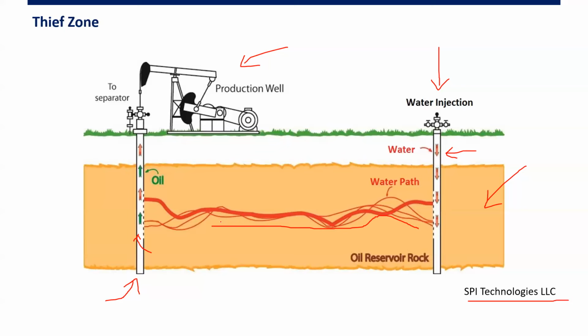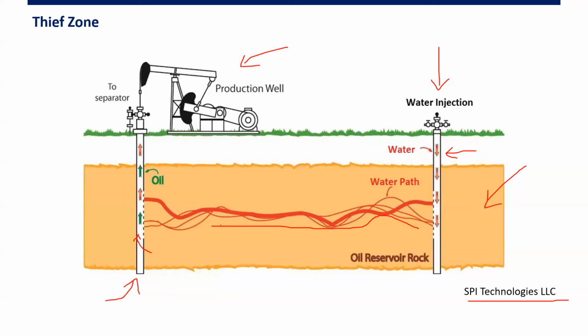Water will always prefer to flow through a channel with the least resistance. So this picture is very informative for us to understand more about the thief zone. So the question is how should we deal with thief zone?